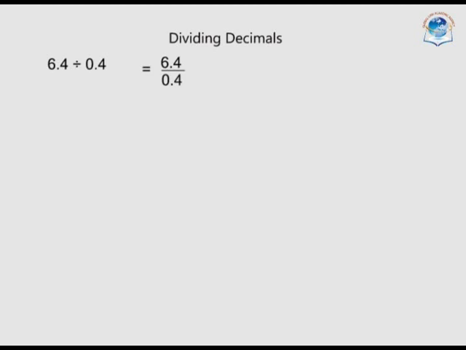We then find an equivalent fraction whose denominator is 4. This is obtained by multiplying the numerator and the denominator by 10 to make the denominator a whole number. And thus we shall have 6.4 times 10 over 0.4 times 10. That gives us 64 over 4, and the answer is 16.